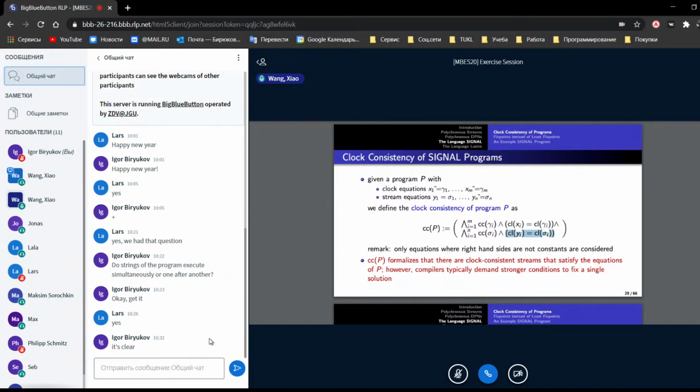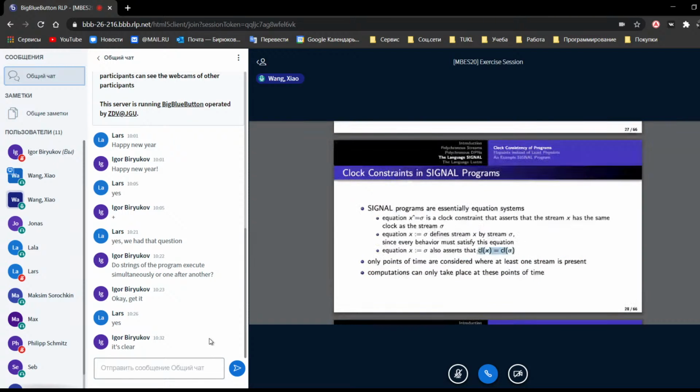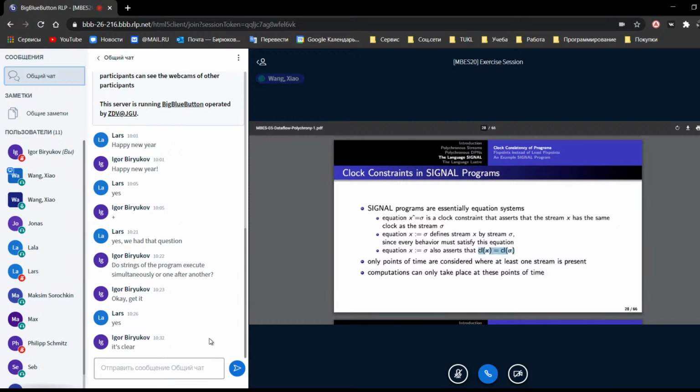We need to ensure that 1 is equal to sigma. And of course, y by itself is constant. It's not written here. And the expression on the left should be clock consistent. So first of all, you assume this one is, and then after that, the whole thing is true. Okay, I hope I cleared it up.